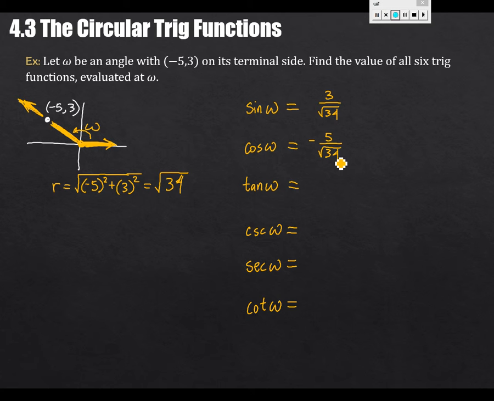Negative 3/5. Yeah, y over r, right? The cosecant, Daniel. Square root of 34. Good.